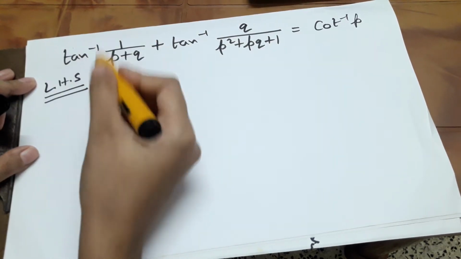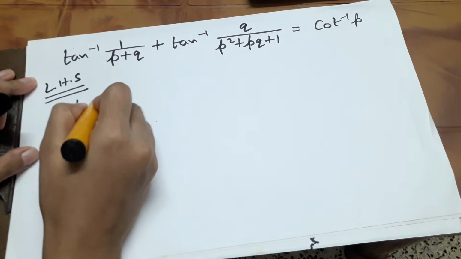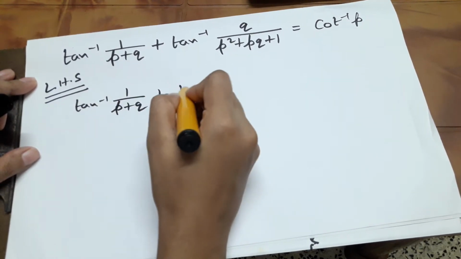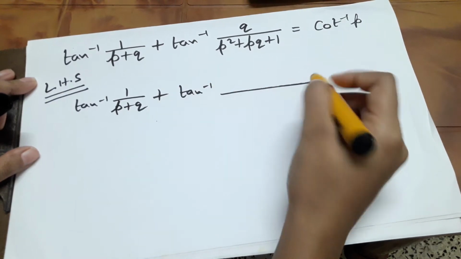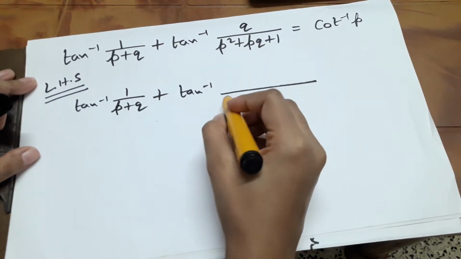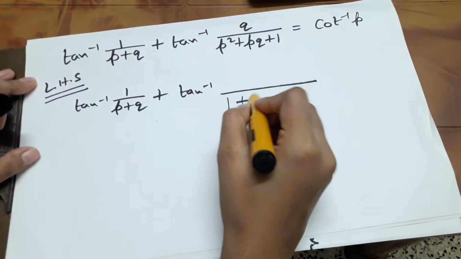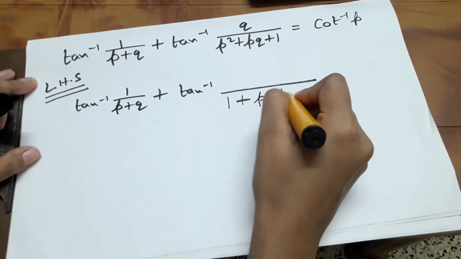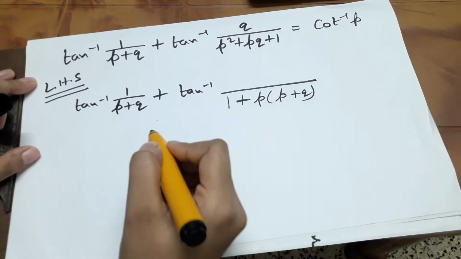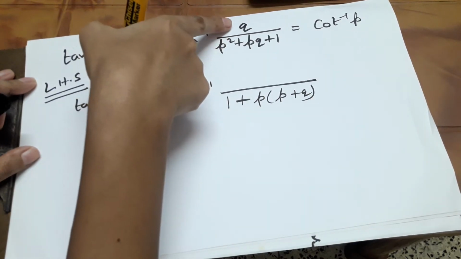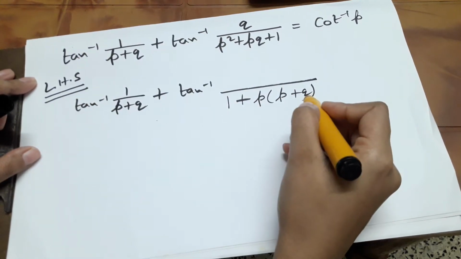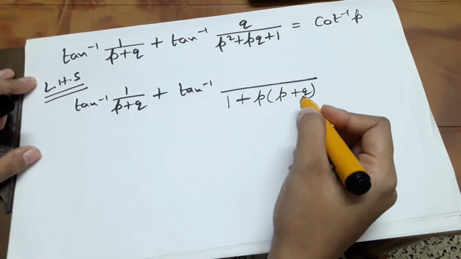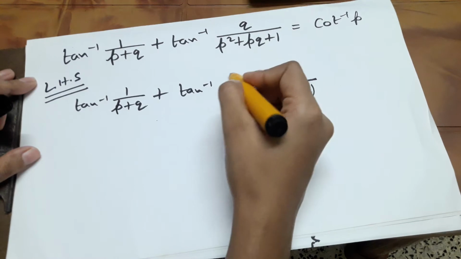So this one will be as it is, tan inverse 1 by p plus q, plus tan inverse. Now this one I will write 1 at first plus, taking p common from there, so it will be p plus q. Now here q is there. I will just check once that if I write a minus b, then q comes or not. Yes, p plus q minus p.